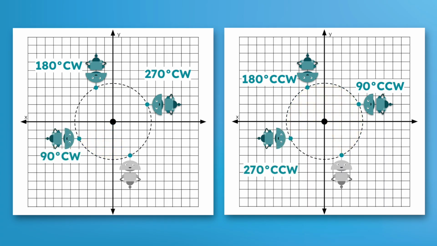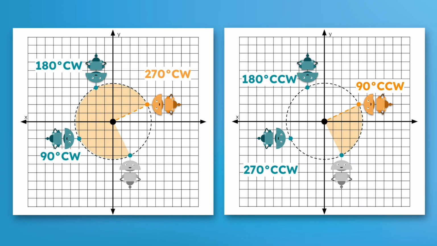What's a similar example? What clockwise rotation would create the same image as a 90-degree counterclockwise rotation? A 270-degree clockwise rotation would create the same image.